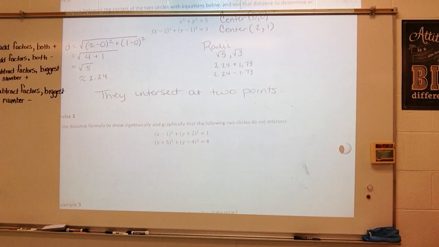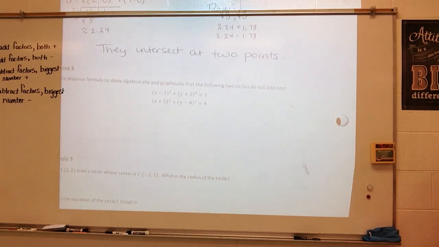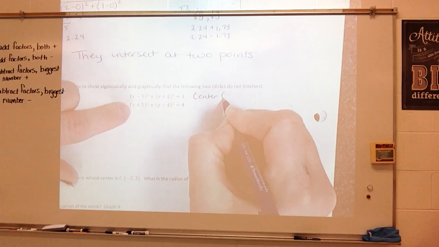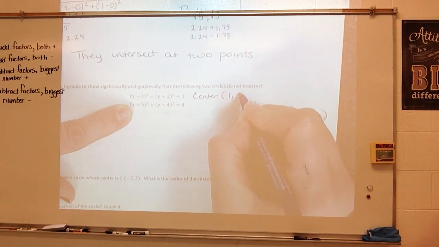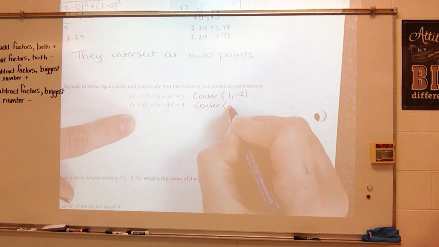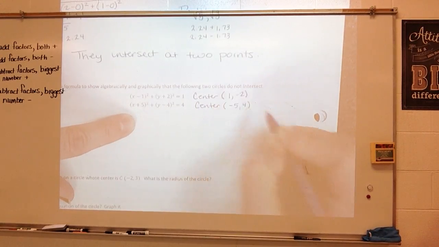Alright. Let's look at exercise 3. Use the distance formula to show algebraically and graphically that the following 2 circles do not intersect. Once again, find your centers. The center of this circle is 1, negative 2. The center of this circle is negative 5, 4.